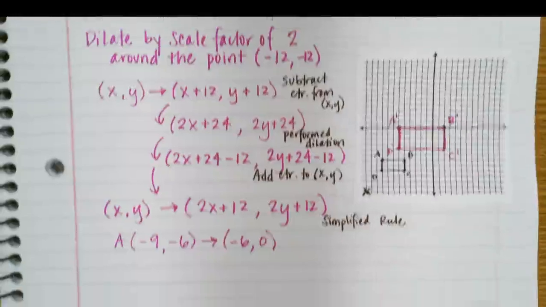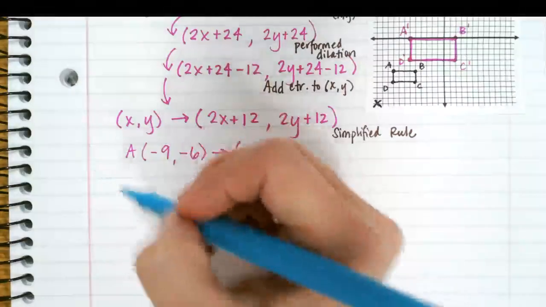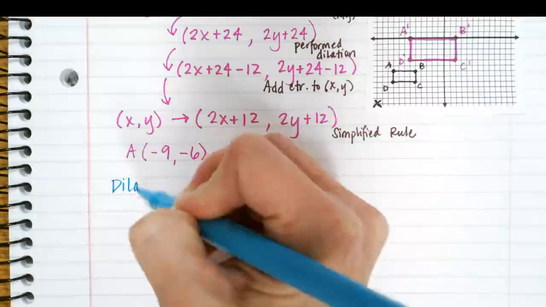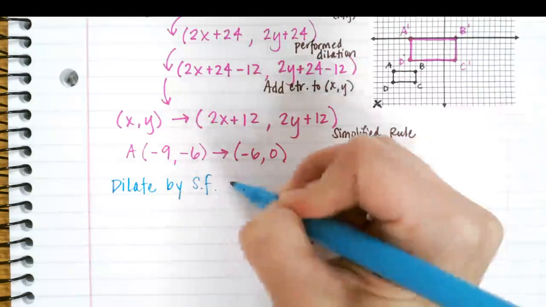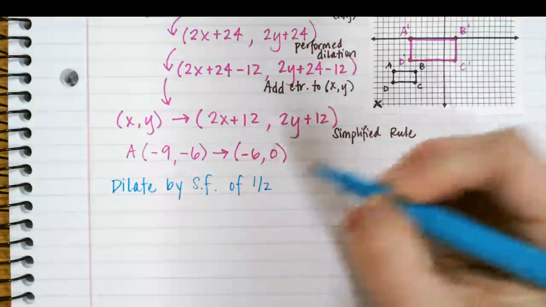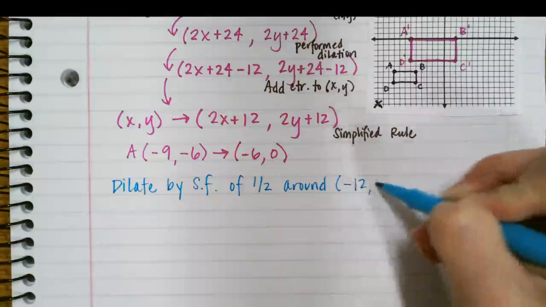All right, let's do the same thing, but this time let's dilate by a scale factor of 1/2. So I am going to dilate the same shape by a scale factor of 1/2, again around the same point, negative 12.